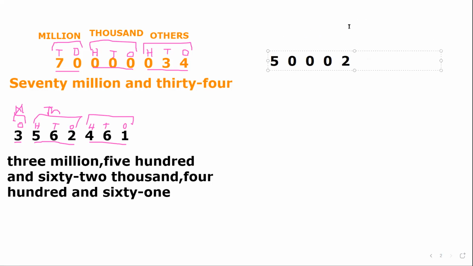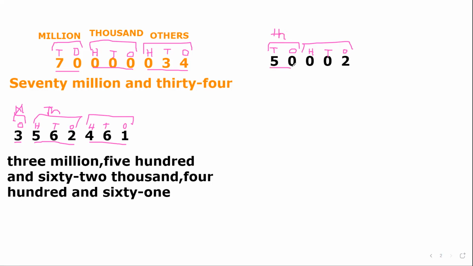Good. Let me indicate the names. We have the ones, tens, hundred, ones, tens. Okay. Then this one belongs to others. This one belongs to the thousand. So here is a thousand, and here is the others. Okay.